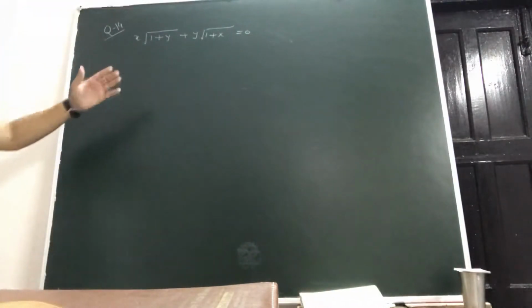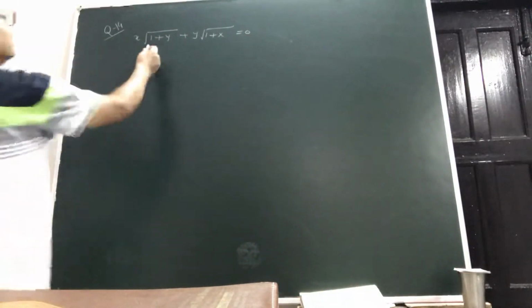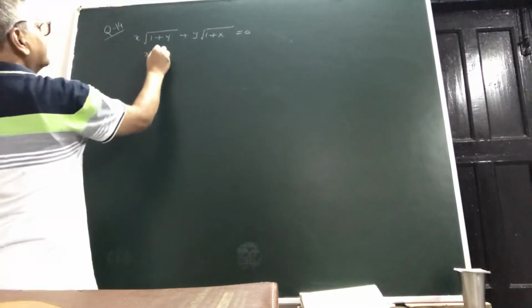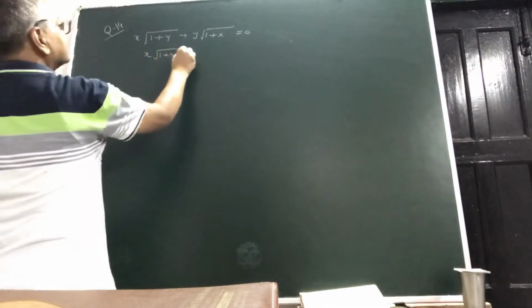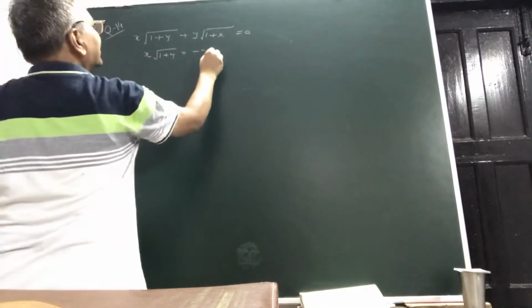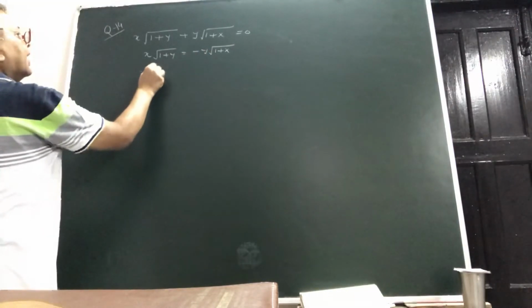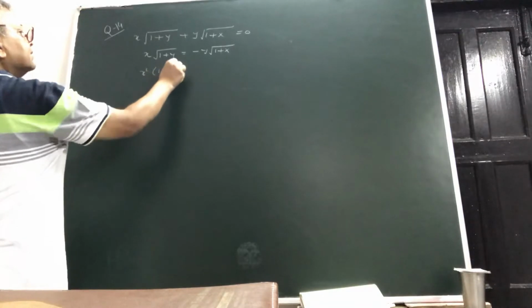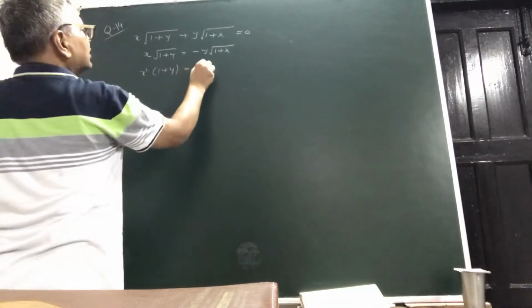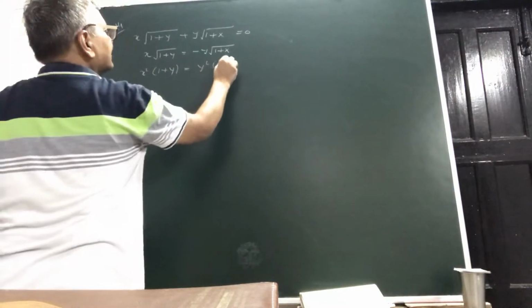See, this is a bit tricky question. Here what you need to do, and this is what we did earlier also, is write this thing to be minus y under root 1 plus x. You square it up and you will get x square into 1 plus y is equal to y square into 1 plus x.